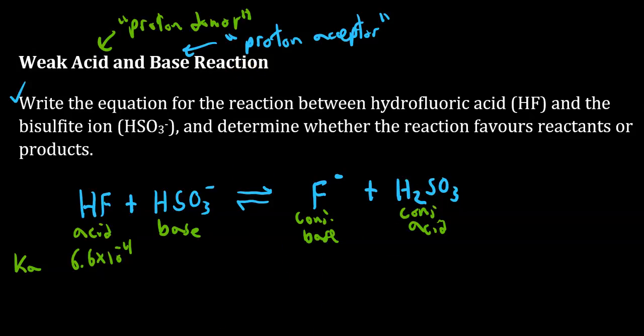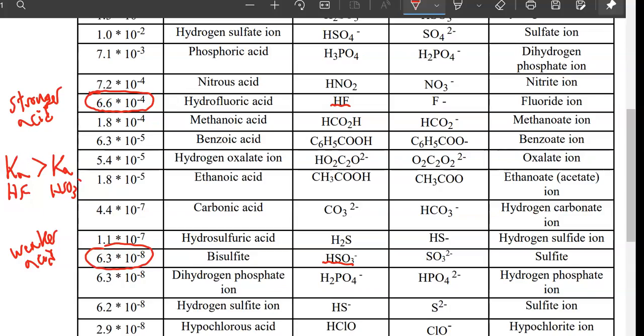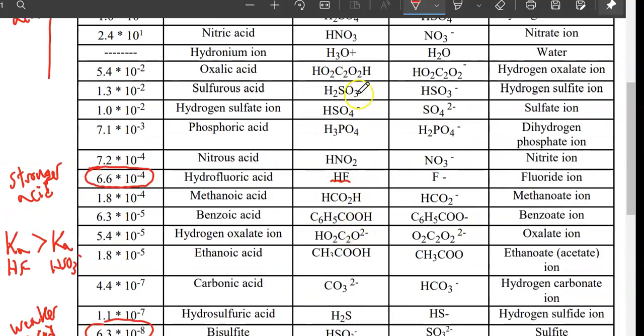Let's see what the Ka of H2SO3 is. So here it is, it's up here, H2SO3. It has a stronger Ka value, a higher Ka value than HF, so it's a stronger acid. So this is the strongest acid out of them.